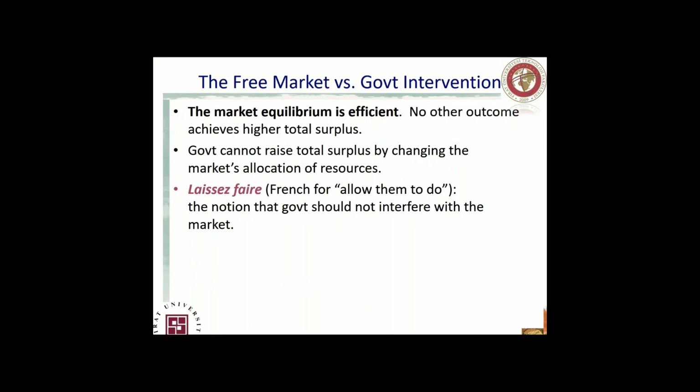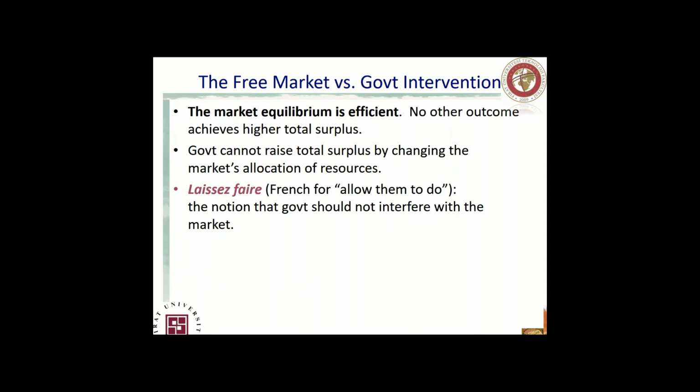Usually any interference creates a negative impact, but as I said earlier, we may have some interference due to some reasons. If the resources are not equally distributed, or the prices are not fair due to some manipulation in the market. If you remember the externality, for example, we spoke about it. We spoke about different other aspects where the government should interfere, but it shouldn't interfere in normal circumstances.